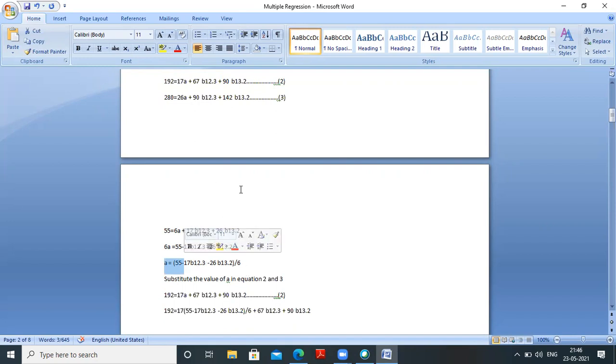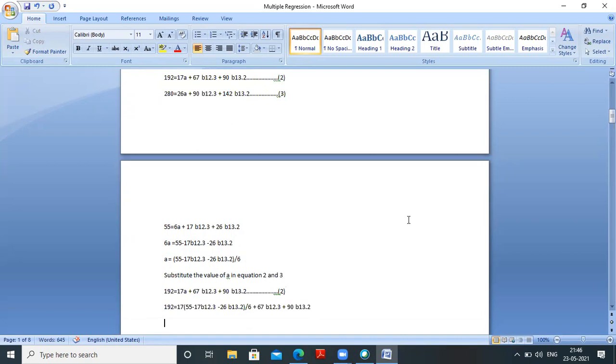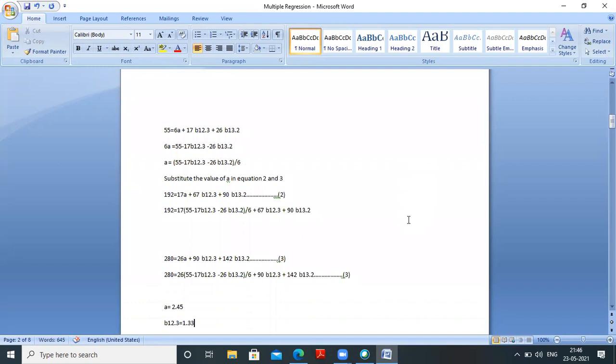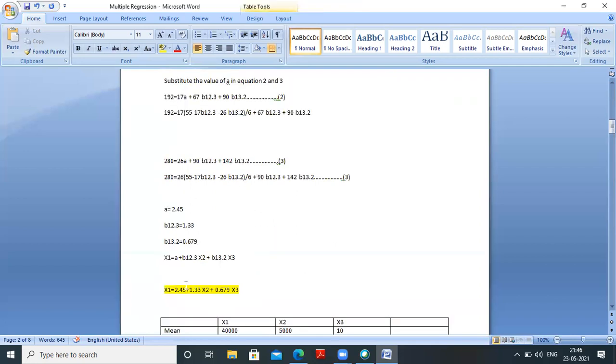Substituting the value of a from the first equation in equations 2 and 3, and solving them simultaneously, we will get the values of b12.3 and b13.2. Then substituting those values in the expression for a, we will find a as 2.45. Then this will be our equation: 2.45 plus 1.33 x2 plus 0.679 x3.